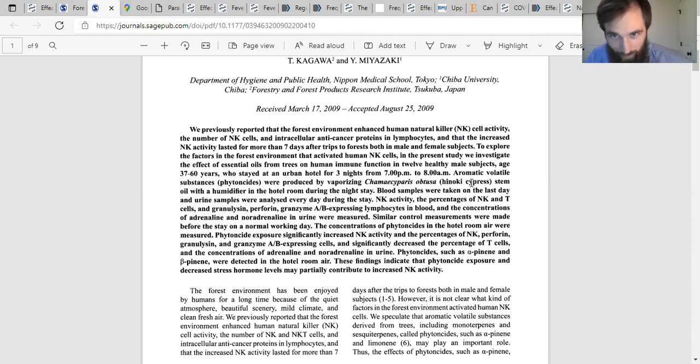Similar to the prior studies, blood samples were taken before, and blood samples were taken on the last day. They also did urine samples. Same thing, the exposure significantly increased natural killer cell activity and the percentage of natural killer cells and all four of these other activating enzymes.